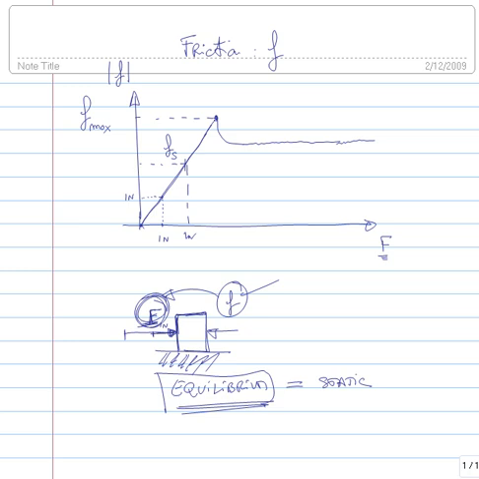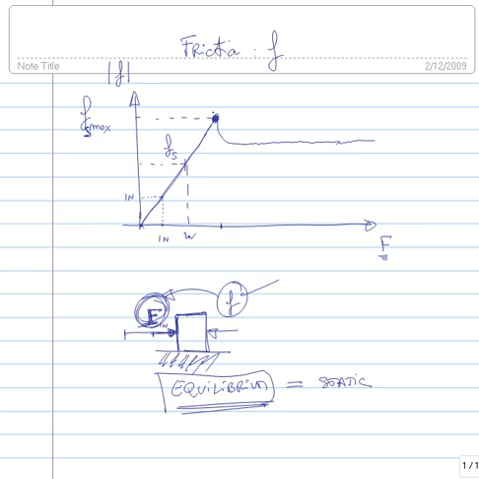And it's going to keep doing this until its maximum value. So this will become Fs max. If the force that I apply to my object, big F, is bigger than this maximum value, then my system will start being accelerated.